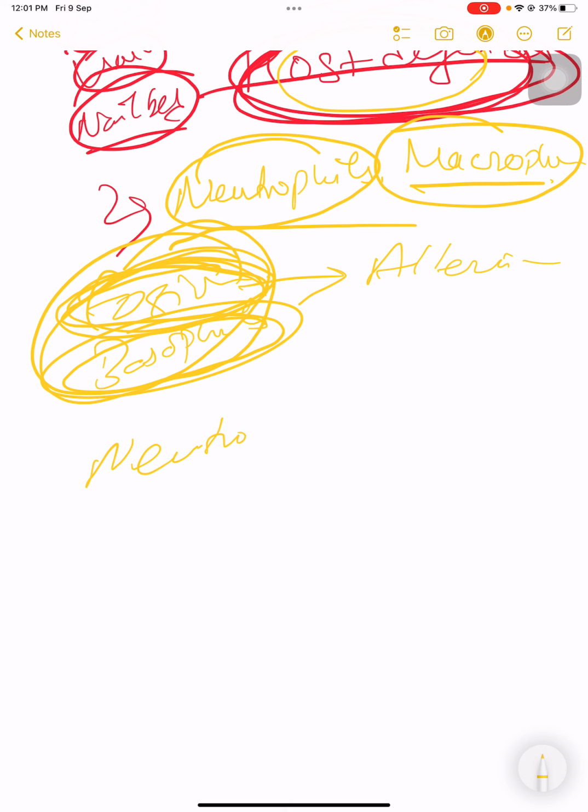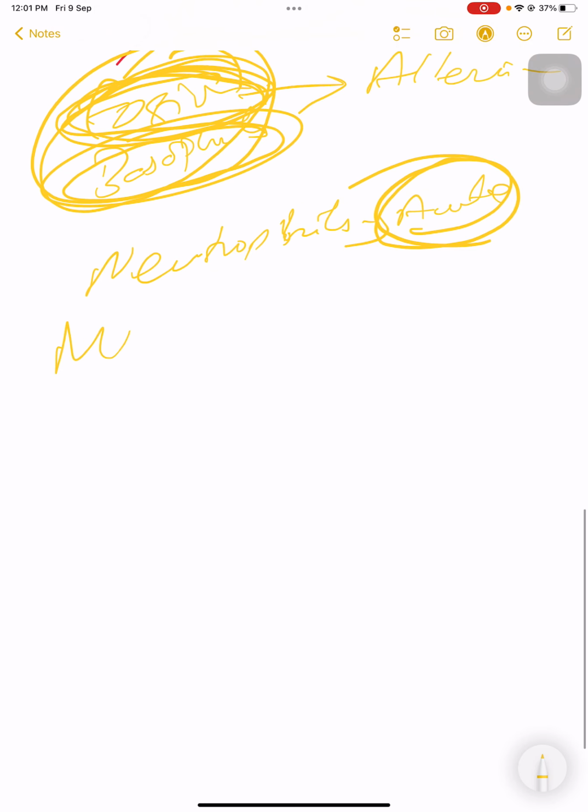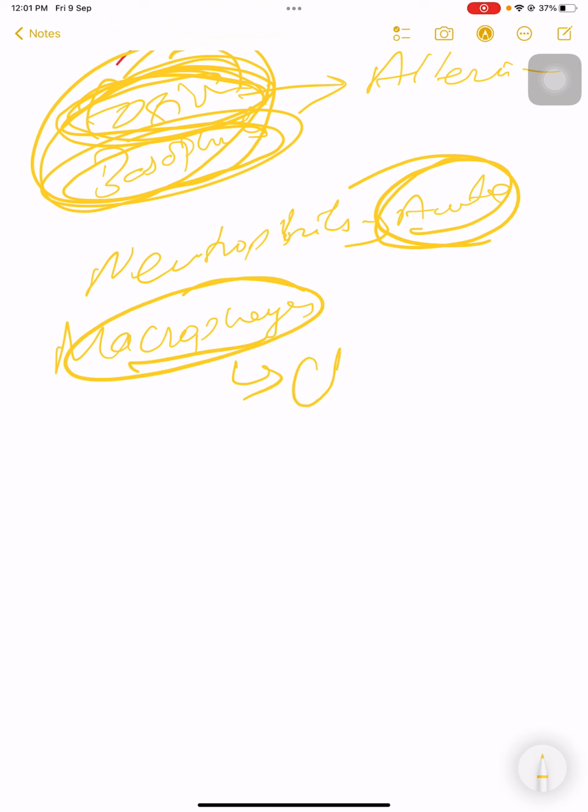Neutrophils are basically involved in acute inflammation, which is acute in onset, and macrophages are basically responsible for chronic inflammation.